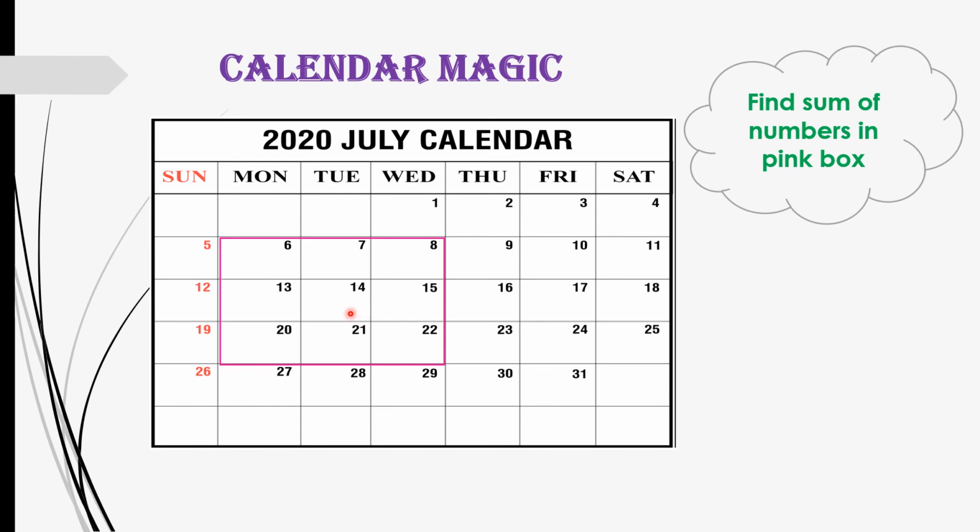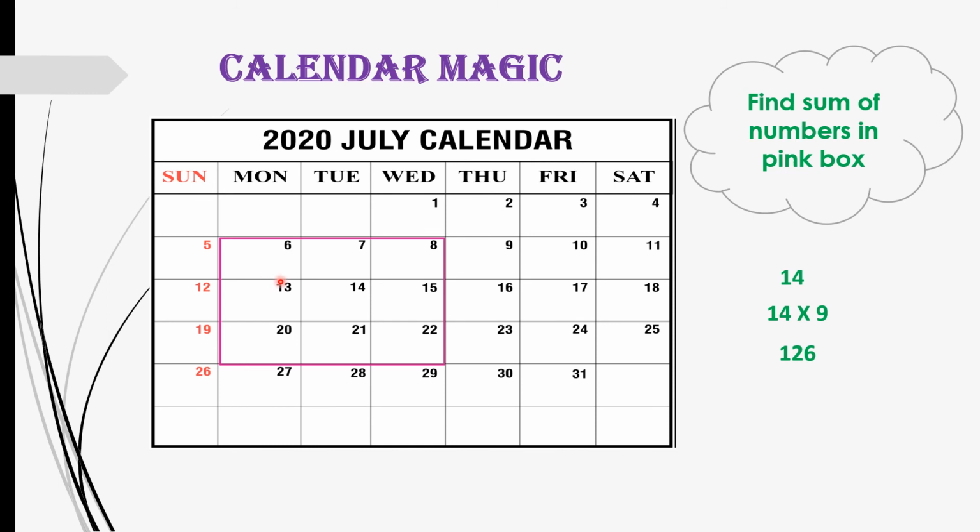Yes, the number is 14. So I am going to multiply 14 by 9. Okay, why 9? Because there are 9 numbers. So I multiply 14 by 9 and my answer is 126. So this is the sum of the numbers given in the pink box.